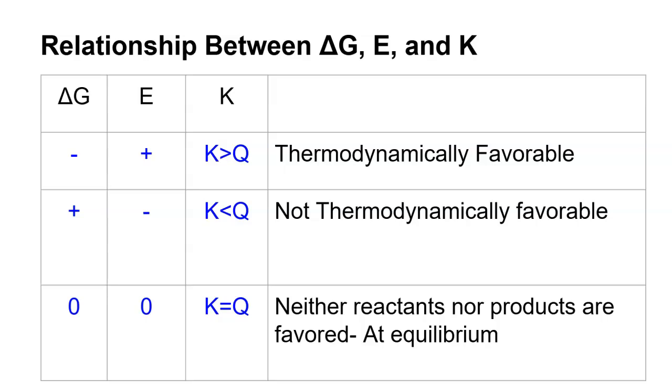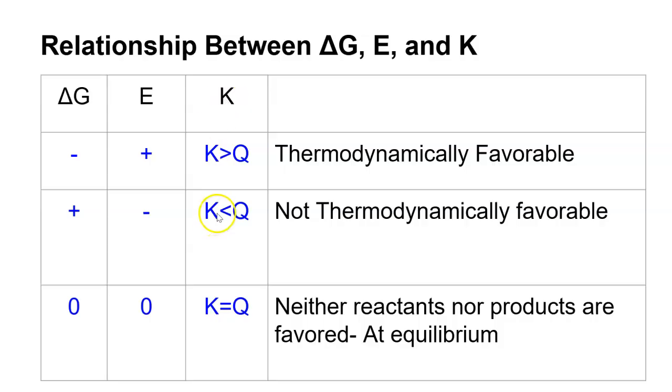The last thing we're going to do here is tie this together. One thing that I've been noting is we have to always be thinking about whether we're calculating E at standard conditions, delta G at standard conditions, or not, right? So what this chart does is say, if I have a reaction under any conditions, if delta G is negative, whether standard or not, then E is positive.